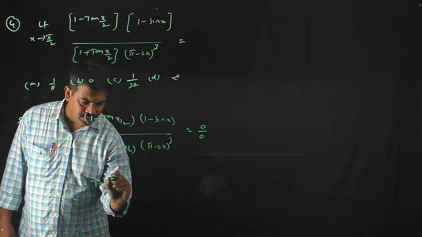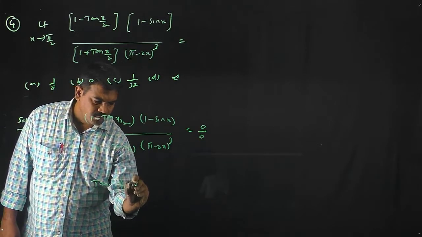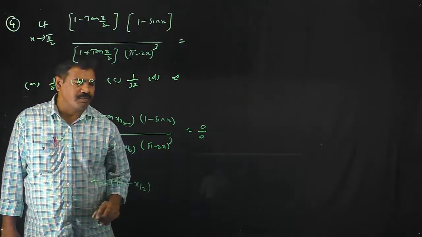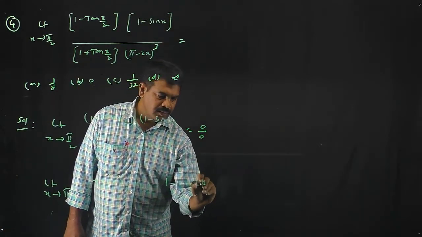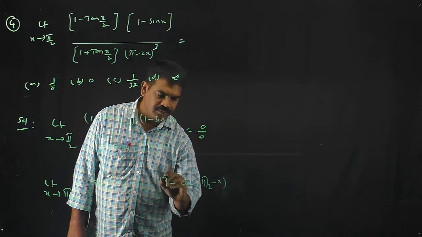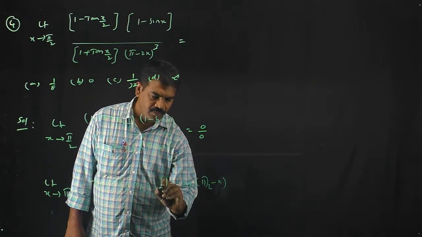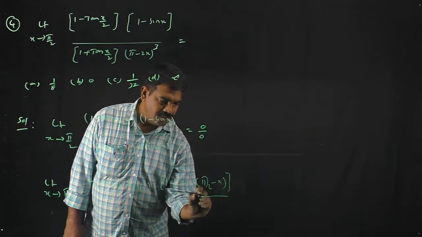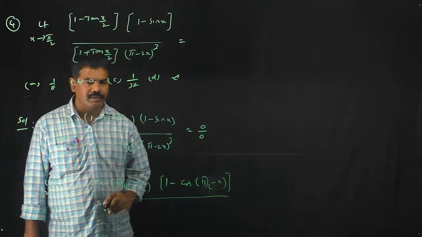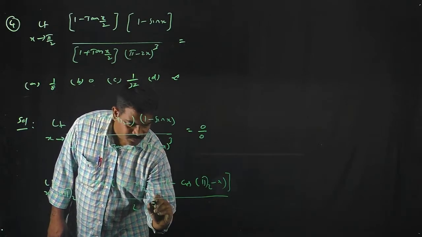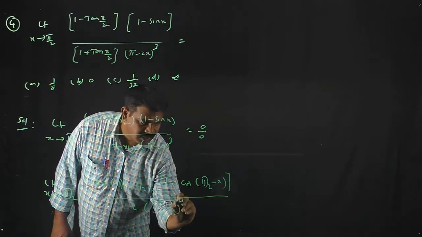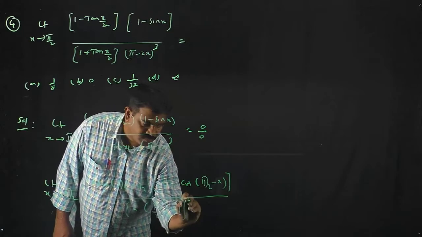We write tan of pi by 4 minus x by 2. We write 1 minus sin x as 1 minus cos of pi by 2 minus x, by, in the denominator 2 is common, that is 2 into pi by 2 minus x whole cube.